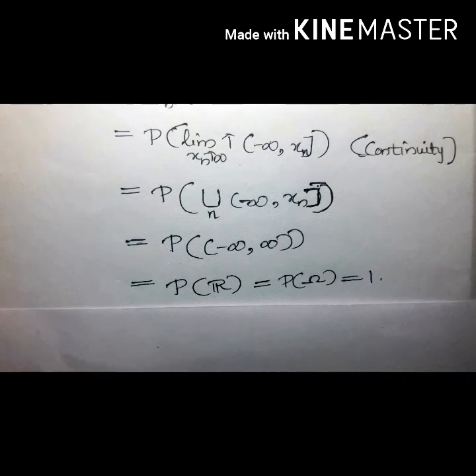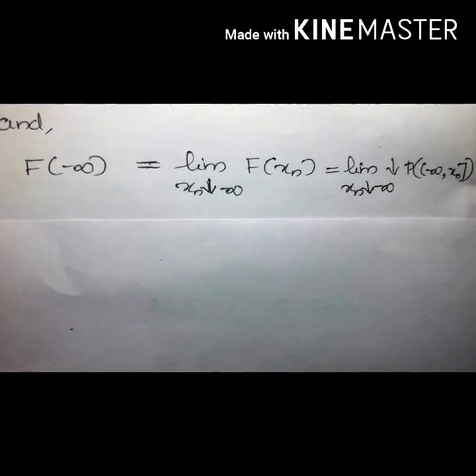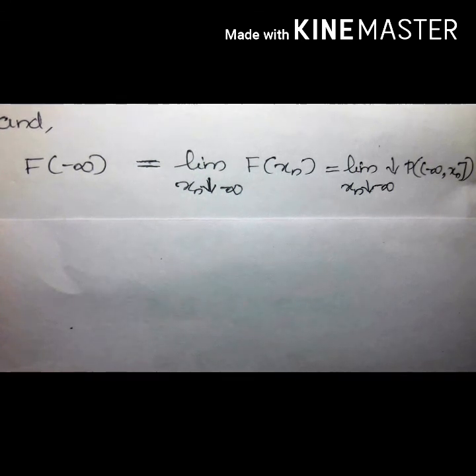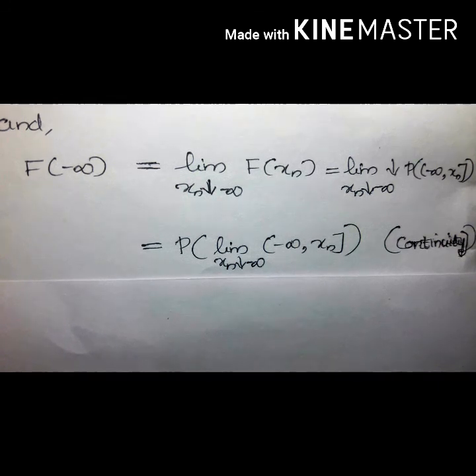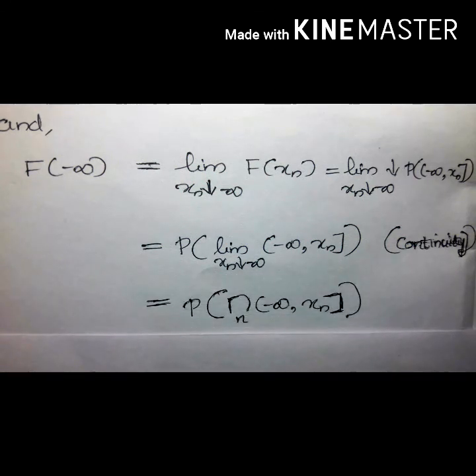And now for the second one, f of minus infinity equal to limit as xn decreases to minus infinity of f of xn, and that is equal to limit as xn decreases to minus infinity of p of interval (minus infinity, xn], and that is p of limit as xn decreases to minus infinity of (minus infinity, xn] by the continuity of p, and that is equal to p of the intersection over n of (minus infinity, xn].